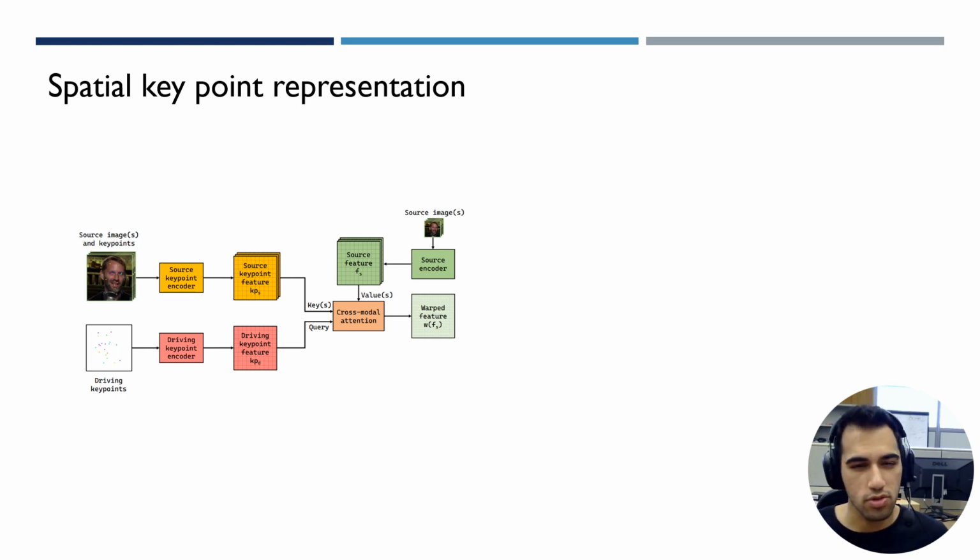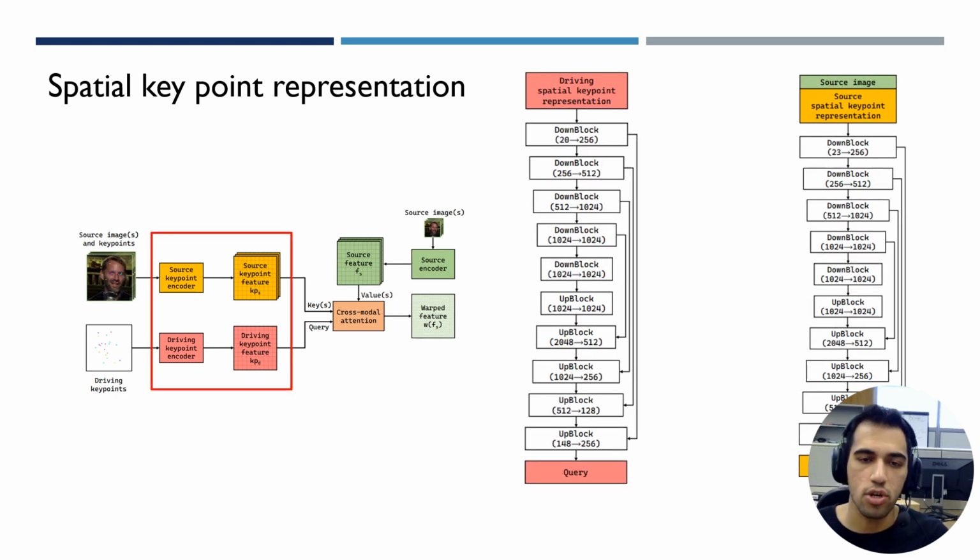So we want to go into details about what they exactly are. As we mentioned, for the source image, we concatenate an image and the key point representation and pass it through the network. In their model, they had 20 unsupervised key points, and they concatenated those matrices with the 3-channel RGB image itself and passed it through the network.